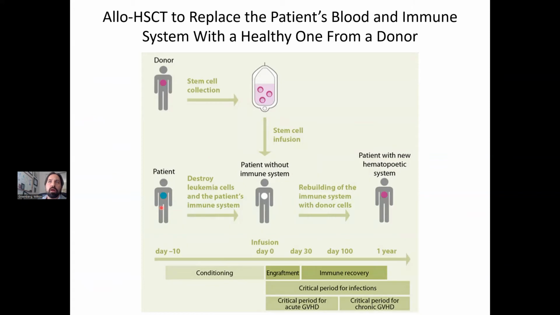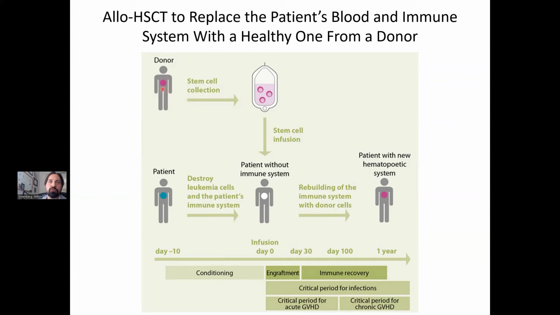So how does this work? This patient has cancer. So first you want to get rid of the cancer, have no minimal residual disease. After that, this patient has no immune system. For most people, that would be an issue, but for these patients, that's a good thing because their immune system was mutated and causing cancer. So here you want to totally wipe out the immune system, and then a donor would donate their bone marrow cells.